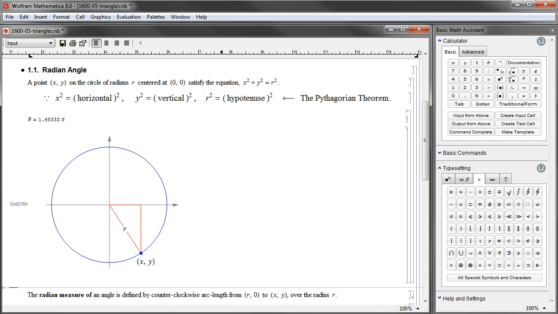So horizontal squared plus vertical squared is hypotenuse squared, and the hypotenuse is the radius. So we have x squared plus y squared equals r squared. Now, does it matter if x or y are negative? Well, in this particular case, y is negative. Doesn't matter because we are taking squares and making everything positive anyway.